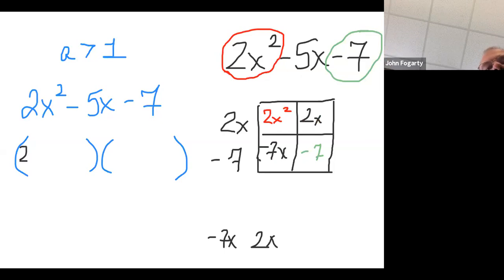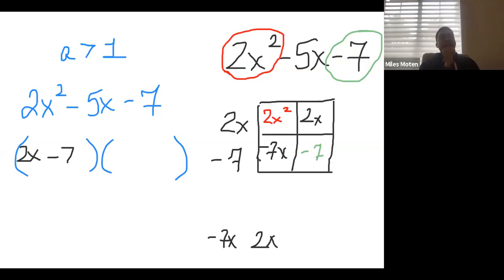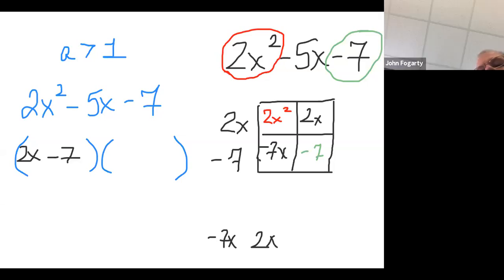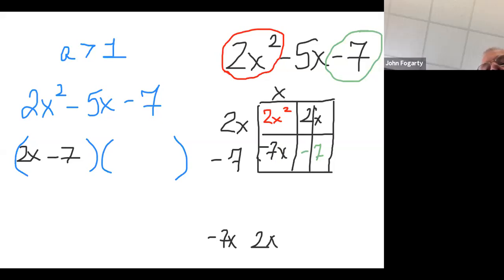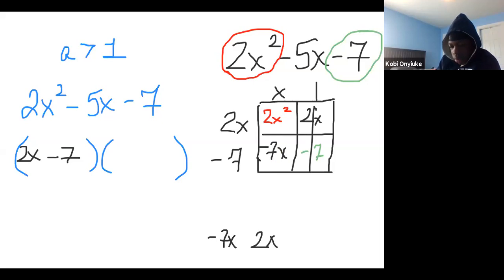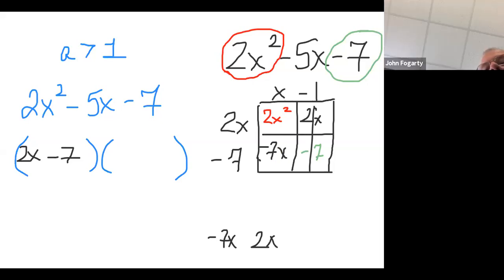There you go. 2x minus 7. Now, let's go up. What's the GCF? X. Let's go up again. What's the GCF? 1. It's positive because this is positive. So we got x plus 1.